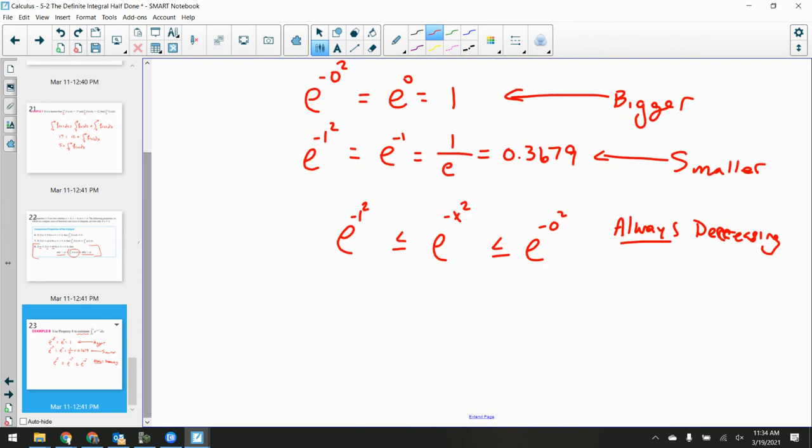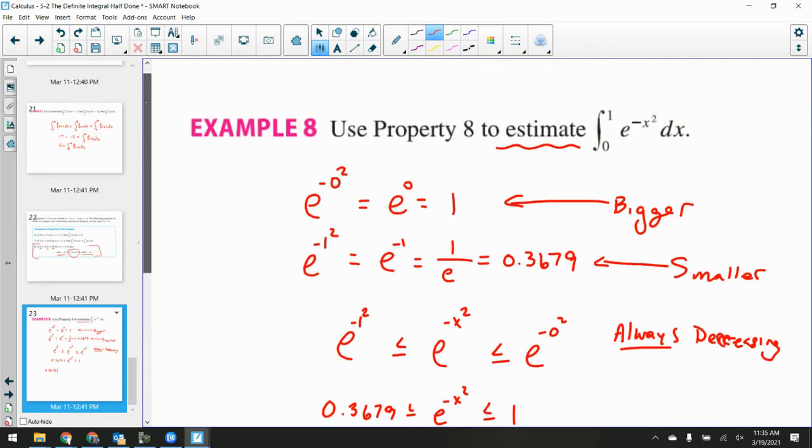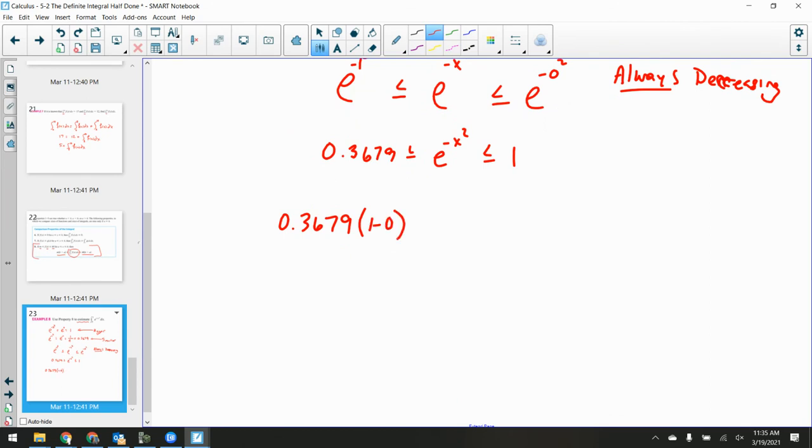Now, what if I could say that statement? Well, then this is true, 0.3679 and 1. I'm just plugging those values that I found in. And now I can apply that to the integral. So 0.3679 times the interval from 0 to 1, and 1 times the interval. Because that's what that truly means, right?